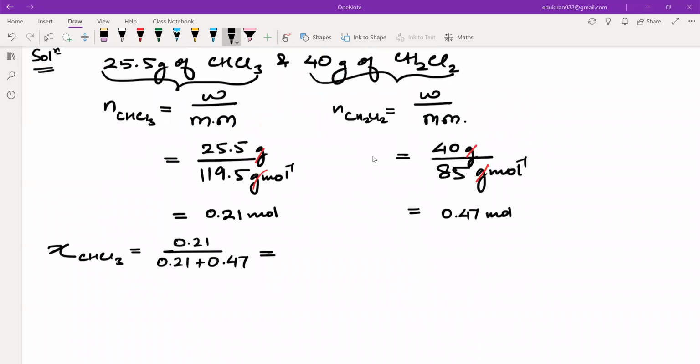Samaira, please check once. This is 0.47. Okay. What will be the mole fraction now?